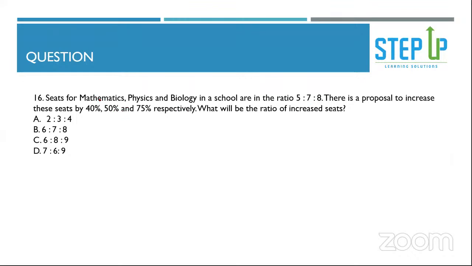But as of now, they have mentioned mathematics, physics, and biology are in the ratio 5:7:8. You can take 5:7:8. Like let's say there are 5 seats, 7 seats, 8 seats, or you can take 50, 70, 80, or you can take 500, 700, 800. All right. You can take any number.